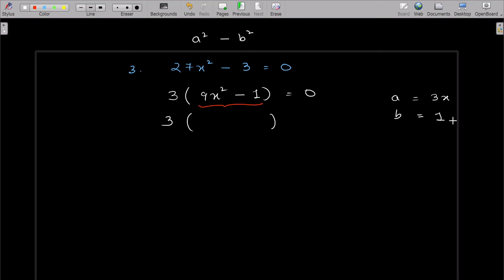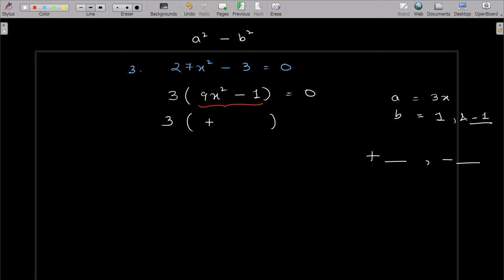Well, your b can be both 1 and negative 1, because 1 square is 1 and negative 1 square is also 1. It won't affect your final solution, because one factor will be positive and one negative, and if you take negative 1 it will be vice versa. The two solutions will be opposites of each other.